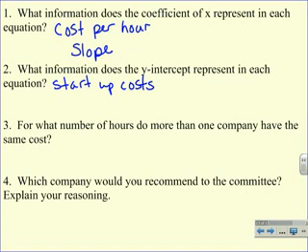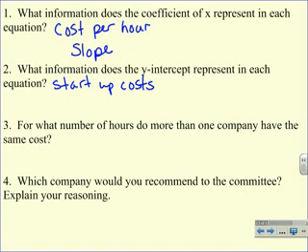Like, what is the number that you're starting at, and then where are you going from there? For instance, yesterday in one of our videos, they deposited $10 into the account, and then they were saving so much money each month. So that $10 was your startup cost or your y-intercept.